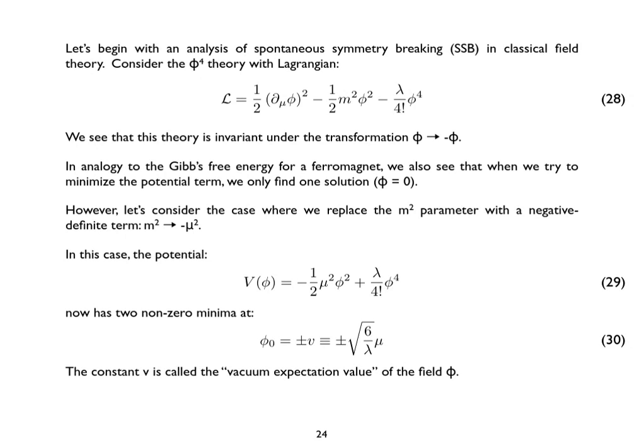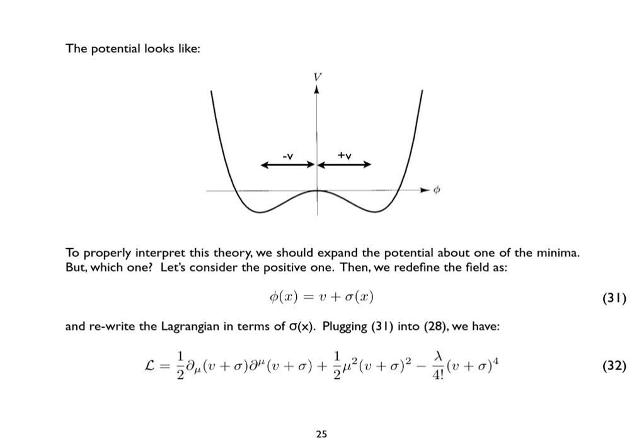All right. So we have two possible minima in this simple theory of one scalar field. Okay. So we have a potential that looks like this, right? And whenever we have a potential that has that shape, we shift to the minimum, because we want to expand about the minimum of the potential.